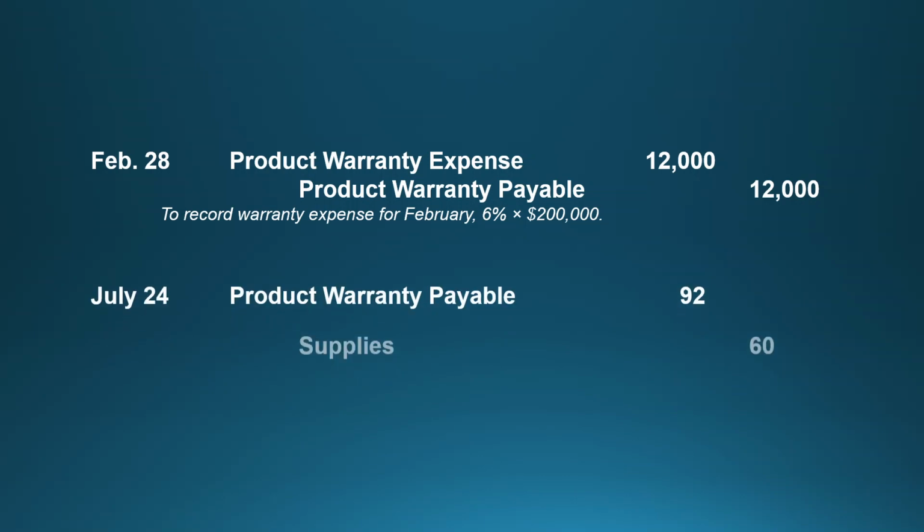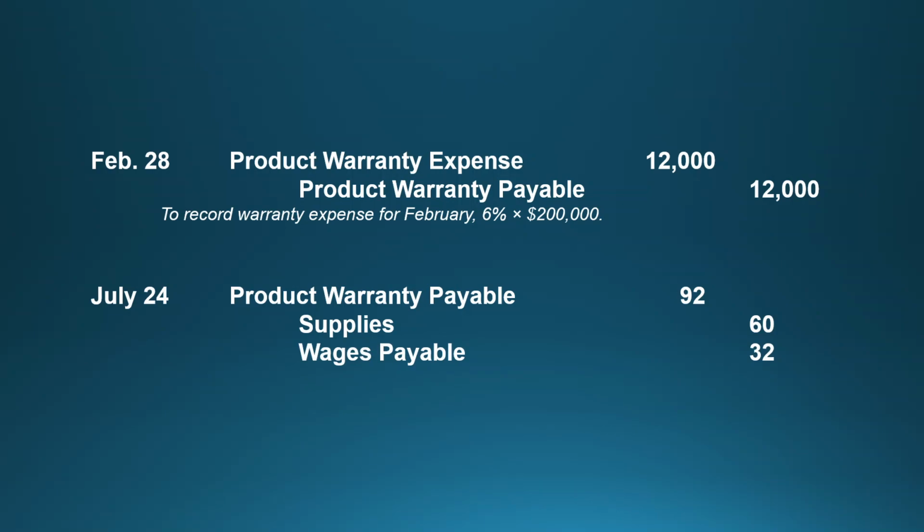So first things first, the first journal entry represents the $12,000 that we set aside to cover future warranties from any customers that purchase this product. So remember, it's 6% of the $200,000 in sales of this particular product. Later on, a customer does come in and says, hey, this isn't working.